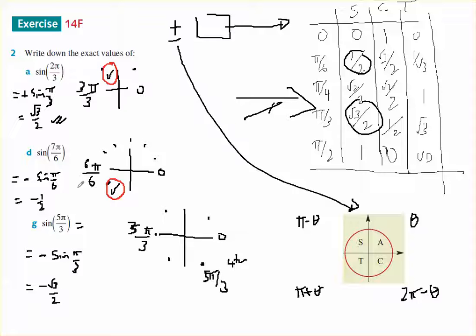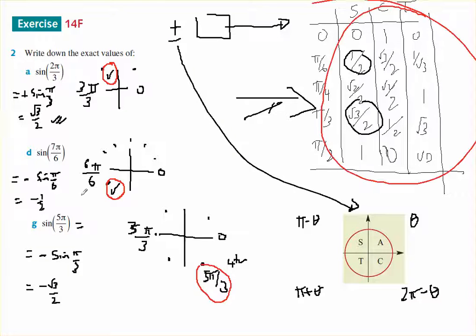Tan's the only thing that's positive, so it was negative. In G, I was in the fourth quadrant. Cosine's the only thing that's positive there, so this sine's going to be negative. But I then go to my table of values that I've remembered for the first quadrant, and I look for sine of pi on 3, sine of pi on 6, sine of pi on 3, to give me the value.